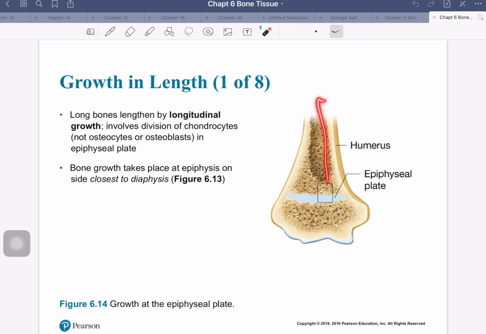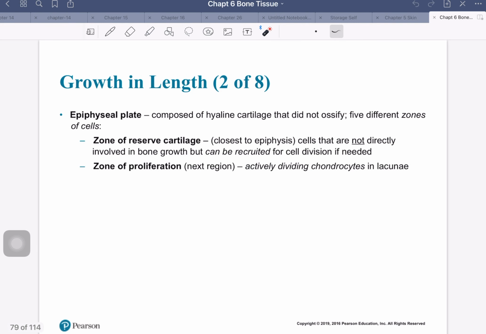Now, what we're going to see is within the epiphyseal plate, we have hyaline cartilage that did not ossify during that initial endochondral ossification. And when I look within the epiphyseal plate, I'll see that there are 5 different zones of cells, one stacked on top of the other.